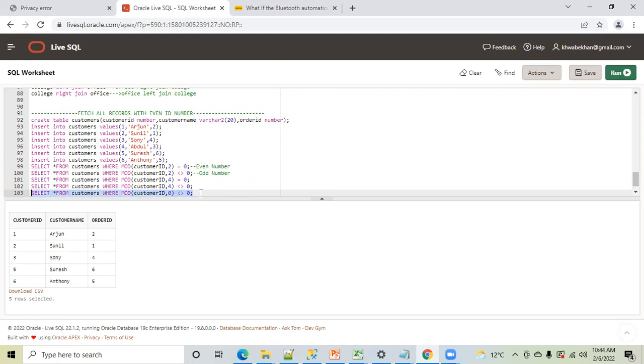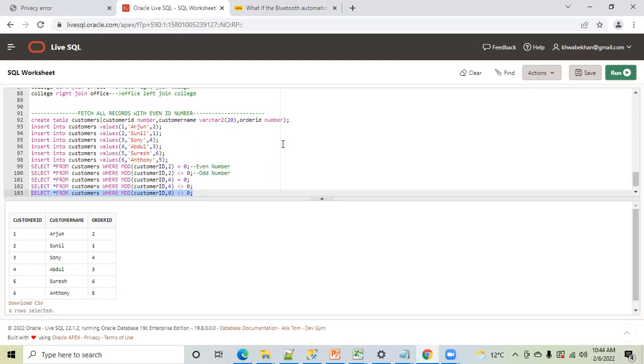Customer ID divided by 0, the remainder is not equal to 0, so it will show all the records. Yes, all the records.